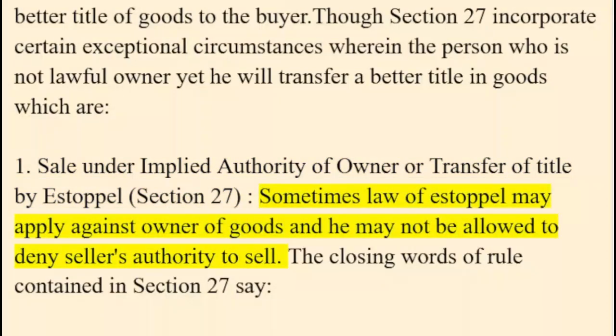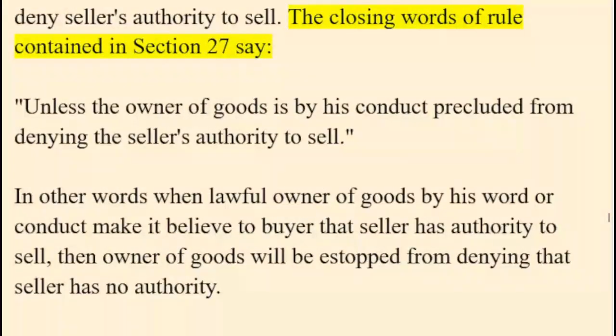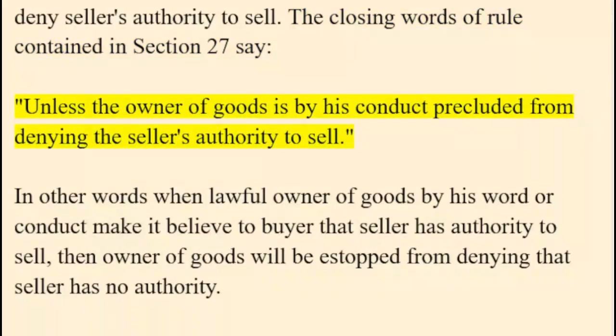Sometimes the law of estoppel may apply against the owner of goods and he may not be allowed to deny the seller's authority to sell. The closing words of the rule contained in section 27 say, unless the owner of goods is by his conduct precluded from denying the seller's authority to sell.